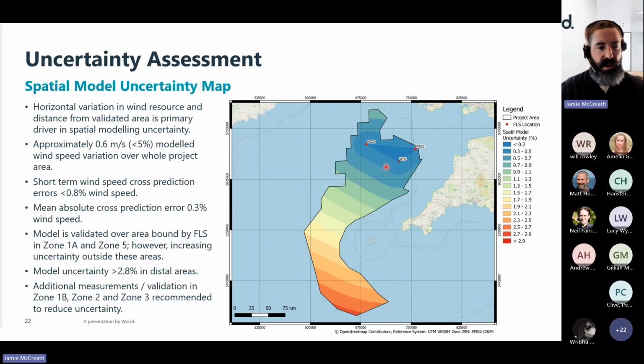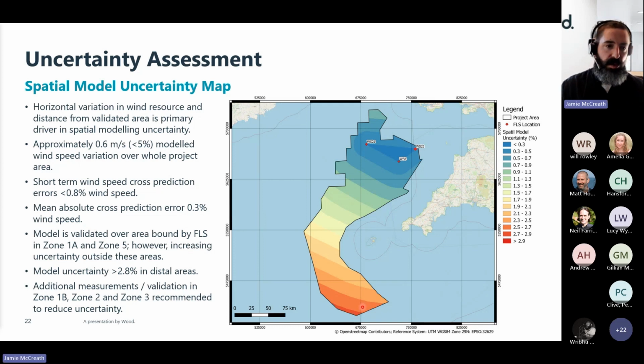So effectively, the model is validated between each of these LiDAR locations, but as you move outside of them, there's less certainty, and the predictions may be biased. So what the map here essentially shows is, with increasing distance from the validated area between the LiDARs, the uncertainty increases, and we're seeing model uncertainties of roughly just over 2.8%.